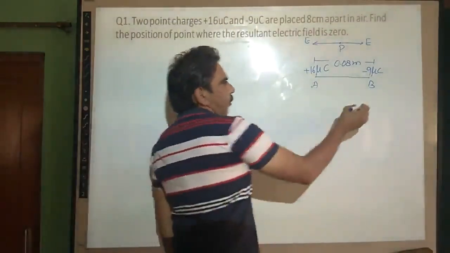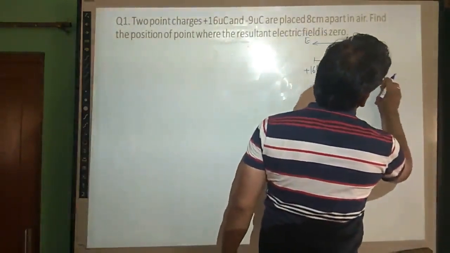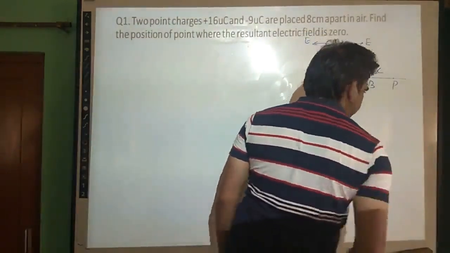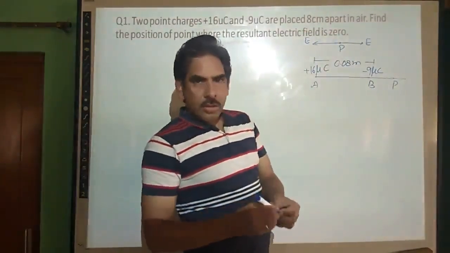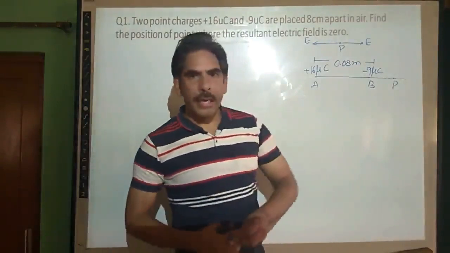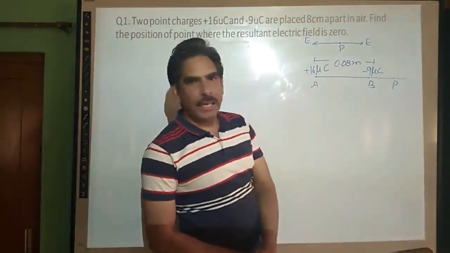What about taking the point on the right side? So let us take a point on the right side, for example P. So this point can possibly be a point where the electric field can be 0.